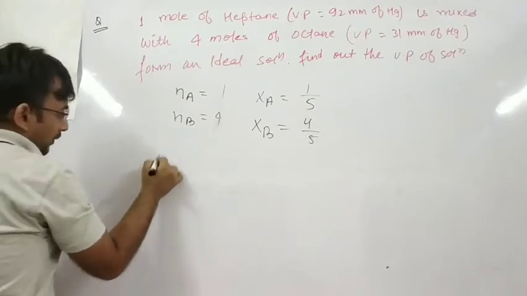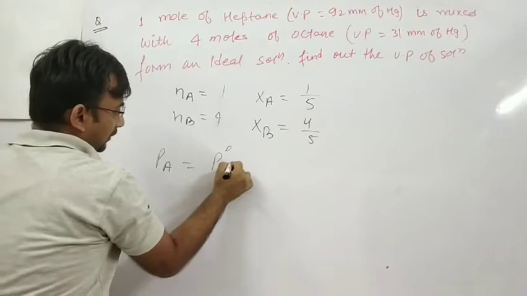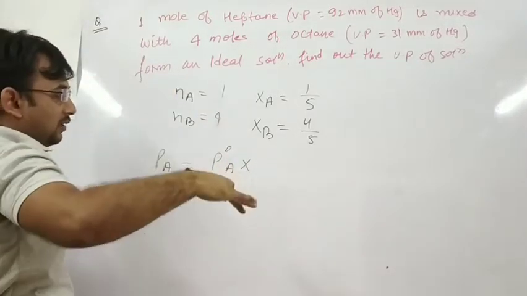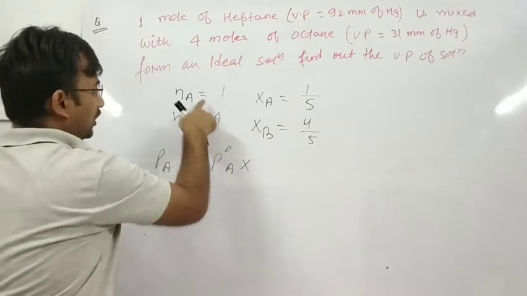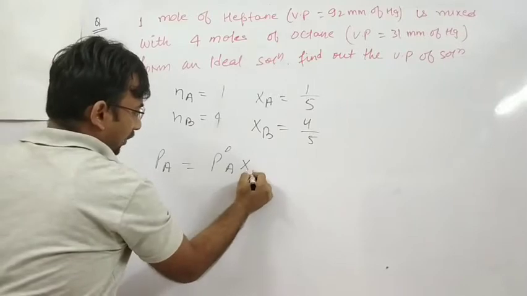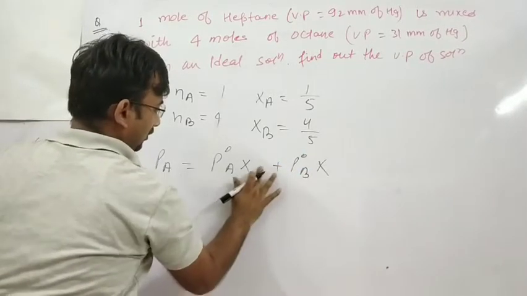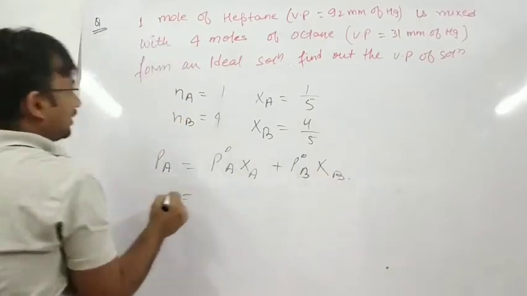Now when we have to calculate vapor pressure of solution, we have a formula. See, the pressure exerted on the surface due to vapor will be because of both A as well as B. So we have to write both the components here. P naught A times mole fraction of A plus P naught B times mole fraction of B. This is a very simple question.